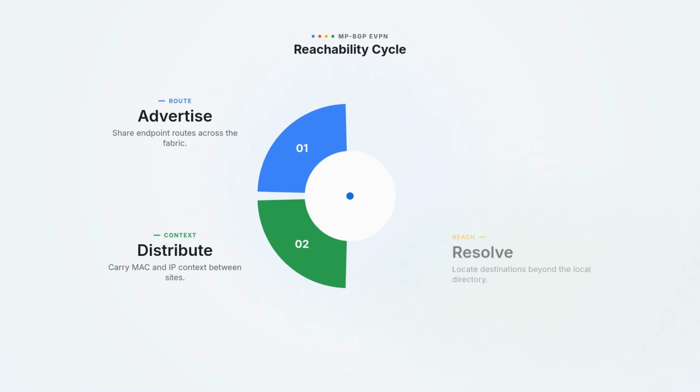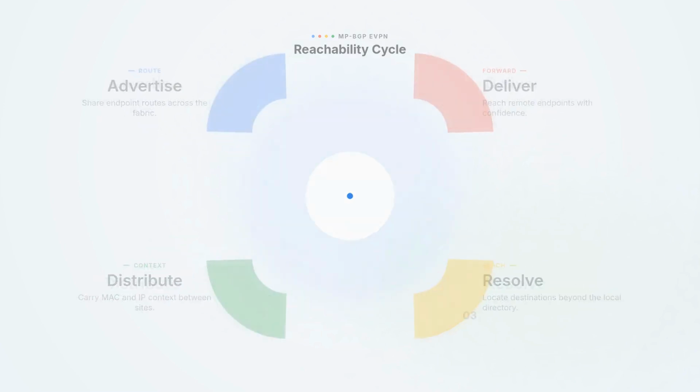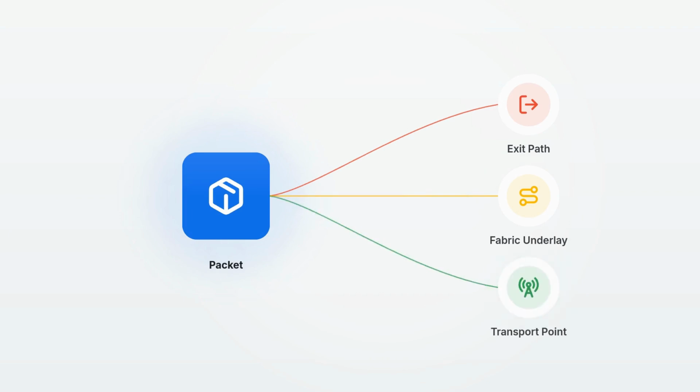It supplies the route and reachability context for destinations outside the local endpoint directory problem. Once the right exit path or remote reachability is known, the packet still uses the local fabric underlay to get to the correct place to leave the fabric or reach the right transport point. So even in the remote case, ISIS is still carrying the packet across the local roads. EVPN is adding the beyond local fabric map information.